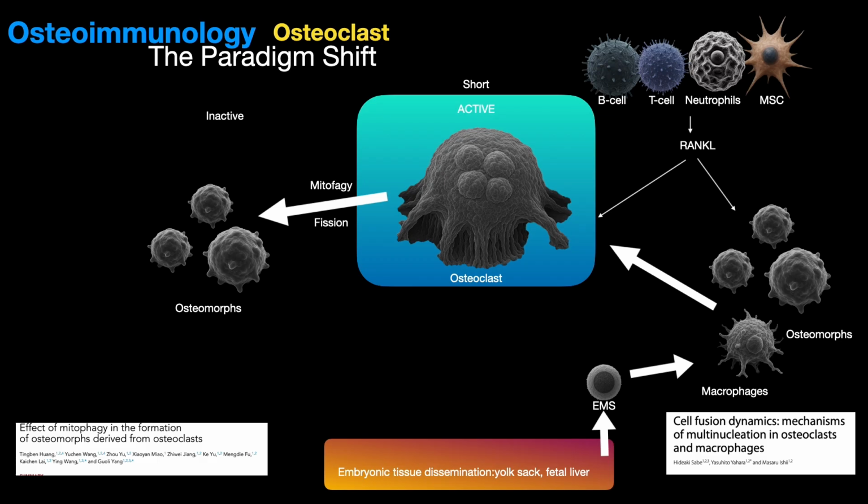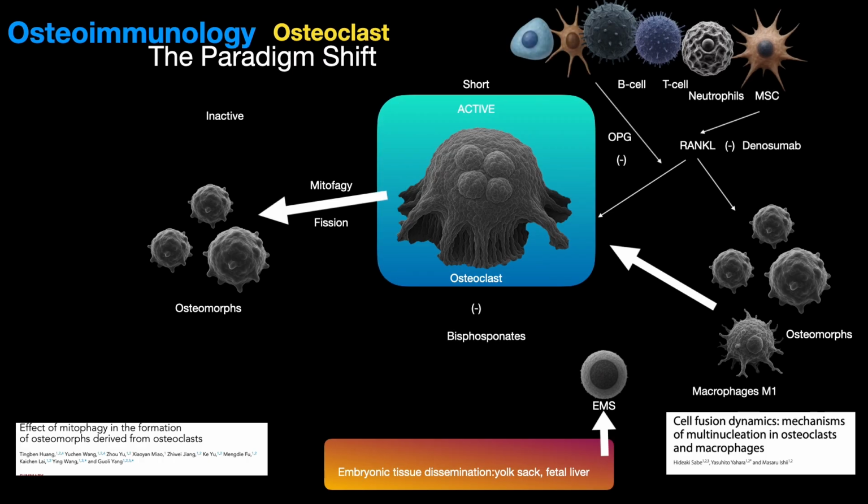Following the short onset of action, without further stimulation, the mitochondria will not last too long, because it takes a lot of energy, and mitophagy will trigger fission that will break this polynuclear cell into small single-nucleated osteomorphs.